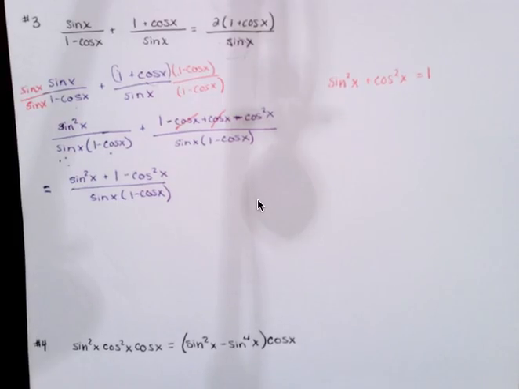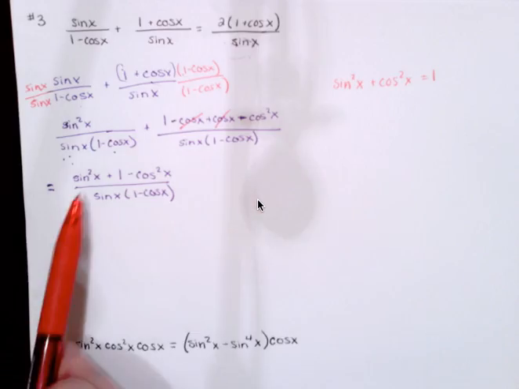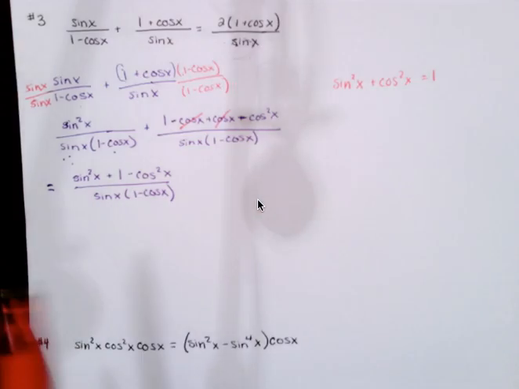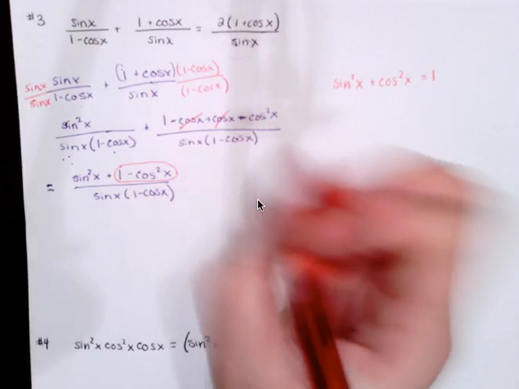Sine squared x plus 1, that's not an identity. But 1 minus cosine squared is, and I could change it to sine squared if I wanted to. Or you can look at the top and say I want this in terms of cosine. Whatever's easiest. I'm going to go ahead and just rewrite this as sine for the time being.